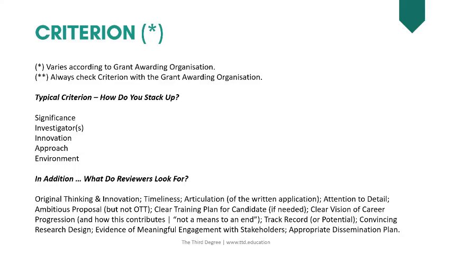Because sometimes if you can't meet all the criterion, maybe it's not worth the effort to apply, because even though you've got like 70%, there's going to be more people out there applying who have 95%. So you're not going to get it anyway. So, these are the typical ones, but do check with the organizations too.